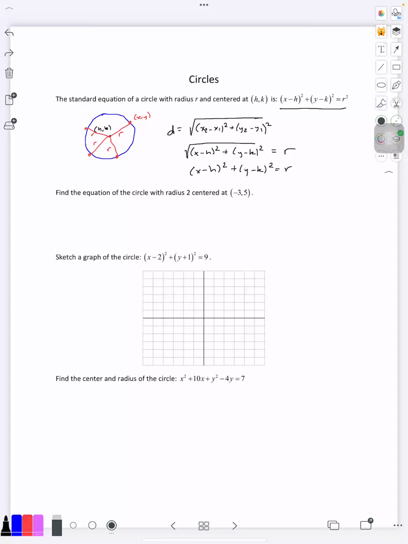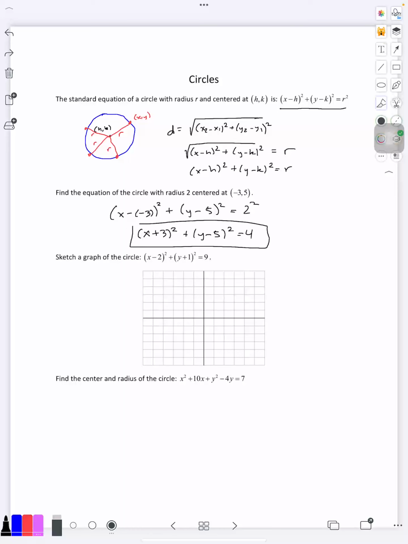So we do x minus the x value, which is -3, squared, plus y minus the y value, which is 5, squared, equals the radius squared, 2 squared. That simplifies down to (x plus 3) squared plus (y minus 5) squared equals 4. And that would be what we were looking for.